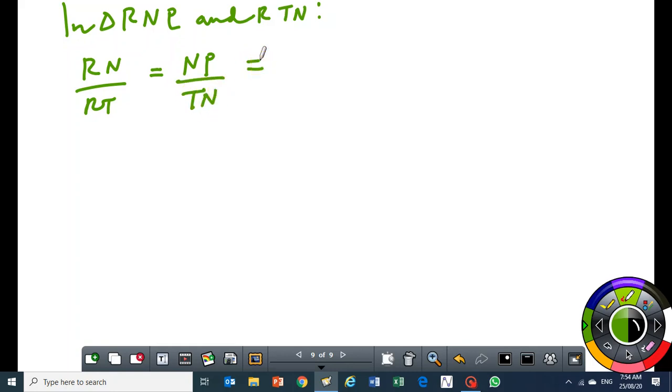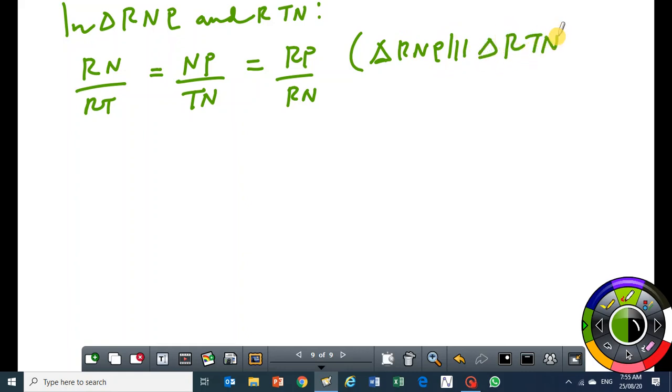That's also equal to RP over RN. And the reason is because triangle RNP is similar to triangle RTN. You follow me then?